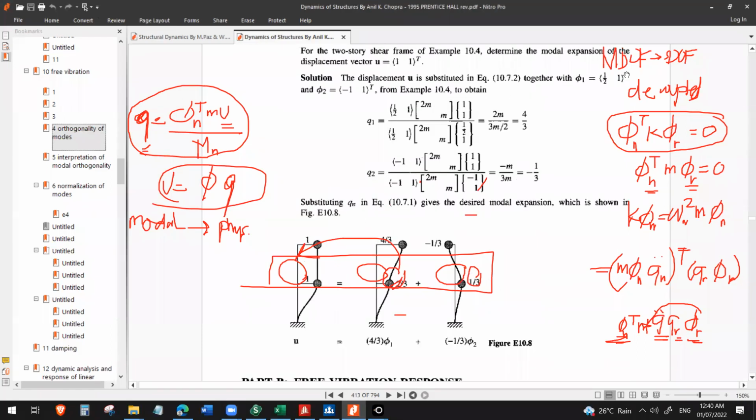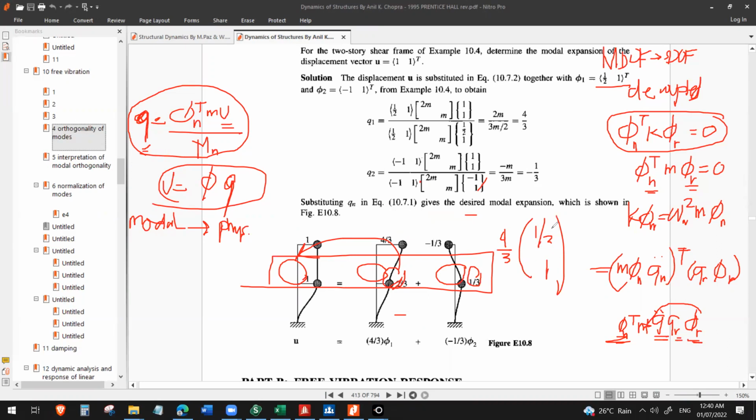Mode shape 1 is 1/2 and 1, multiplied by 4/3. Okay, it's transposed, so it's reversed.